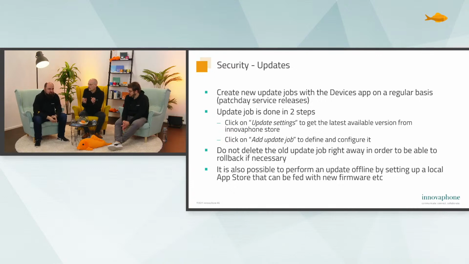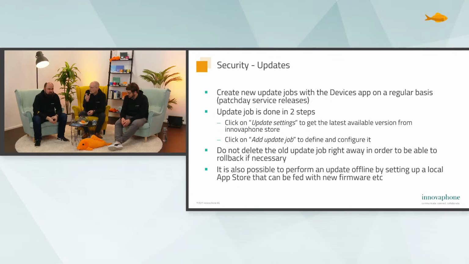So it's always a good idea to name this update job with a decent name, like update, then the version and maybe also the build number, and maybe even your name or initials, so that your colleague knows who created this update job, maybe a date when it first ran.